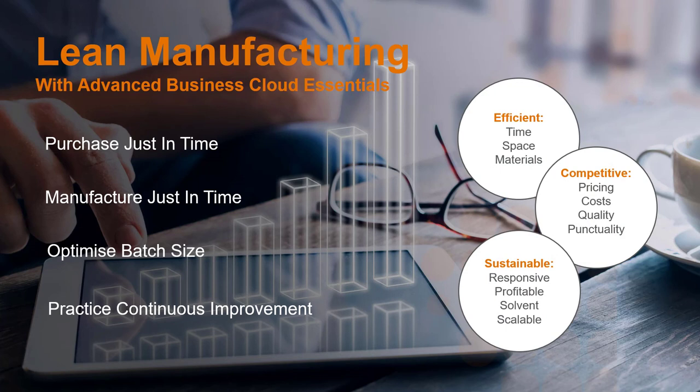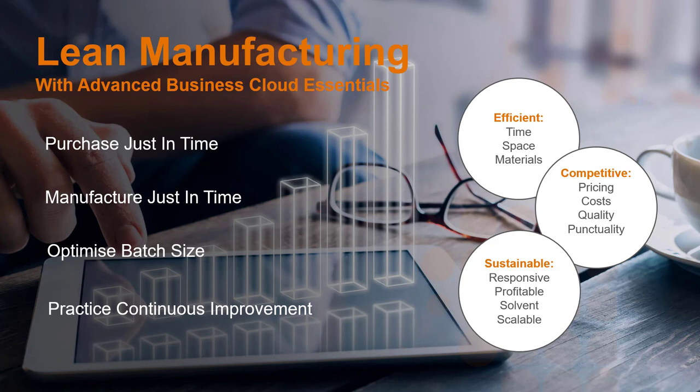And so we've seen some principles of lean manufacturing which, whilst they apply in much more detail to very large manufacturing operations, we can still take some of these basic principles and apply them.